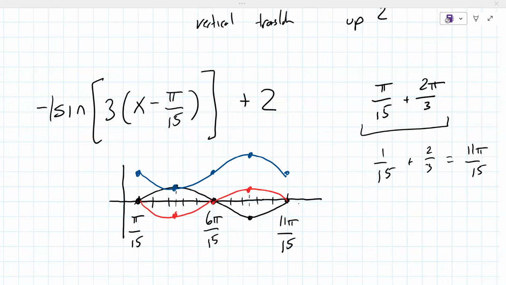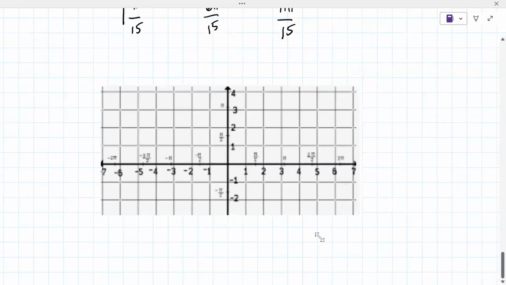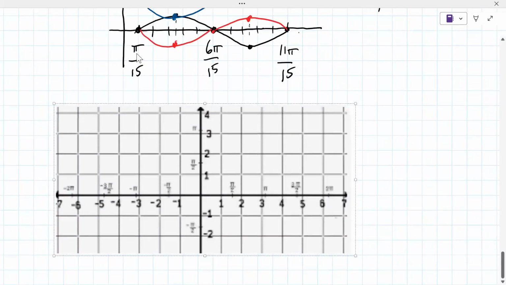Let me see if I can pull up an image. What some instructors do, which would be brutal, is they actually will put something pre-printed on your paper like this, and then you have to figure out where pi over 15 goes and 11 pi over 15 goes.